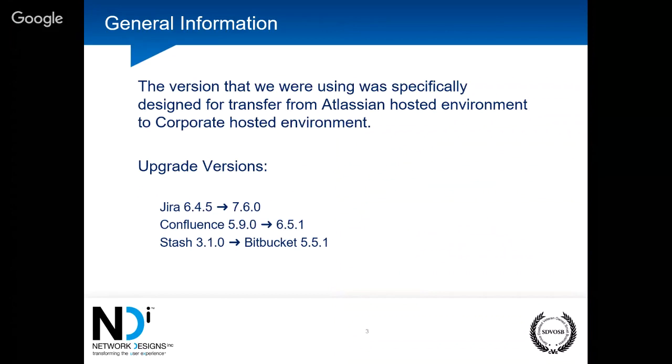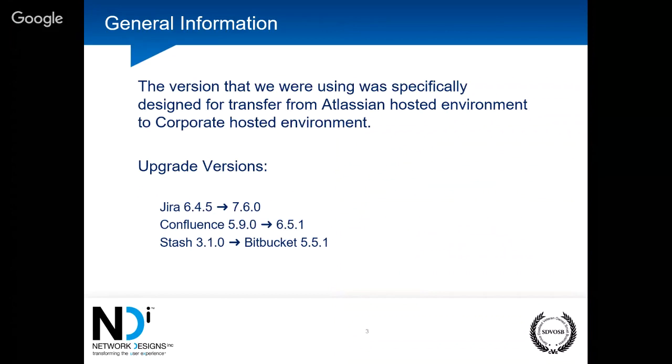So that version 6.4.5 and 5.9.0 on Confluence were not meant to be production versions. They were meant to be transfer versions. And then immediately after we made that migration, we were supposed to go and upgrade to the next available commercial version. We didn't get that. We didn't understand it until about 6 months after, when we had a problem. I went back to Atlassian to get the answer, and the answer was, we can't really help you because you're on an unsupported version.